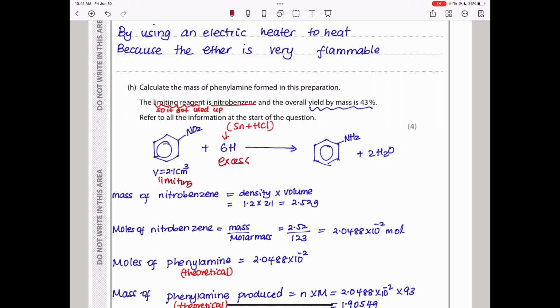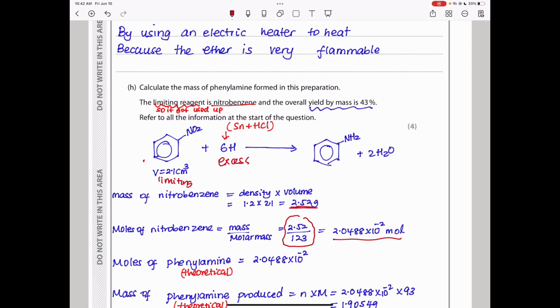Mass of nitrobenzene using the density from the table: mass is going to be density times volume, which is 1.2 times 2.1, which gives us the mass. Now, when I have the mass of nitrobenzene and its molar mass, I can find the number of moles using mass and molar mass. Of course, you can use a calculator for this.